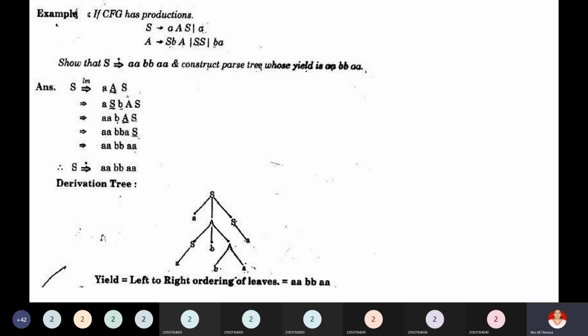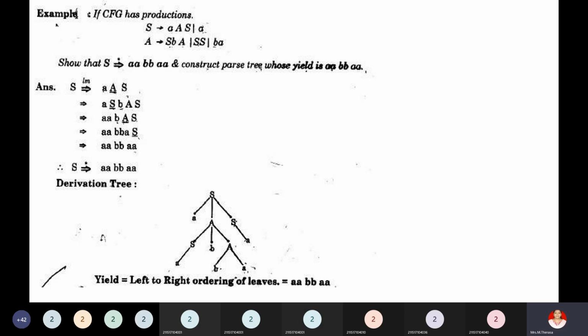So show that S derives aabbaa, and construct a parse tree whose yield is the same string which we have generated. Okay, always you know that you have to start from S. Here they didn't mention the approach to be followed, so you may use the leftmost derivation or rightmost derivation. Suppose you are using leftmost derivation.